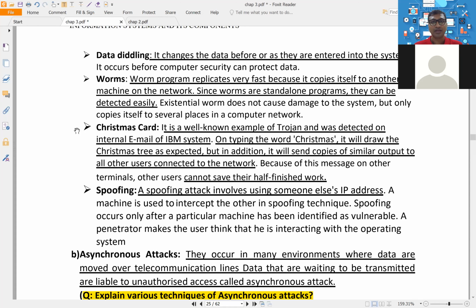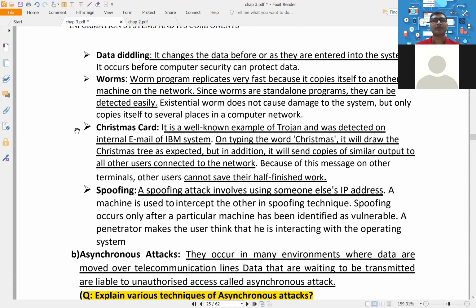Worms, remember worms, as they enter the system, they start multiplying themselves. Christmas card, remember, one of the worst malicious codes, is a Trojan horse. I told you that it was detected in the IBM company's system, in their email systems. Once you type Merry Christmas, this Christmas card gets activated and blacks your screen.